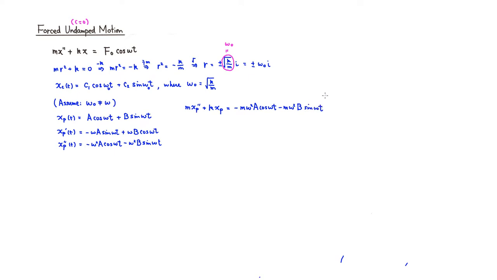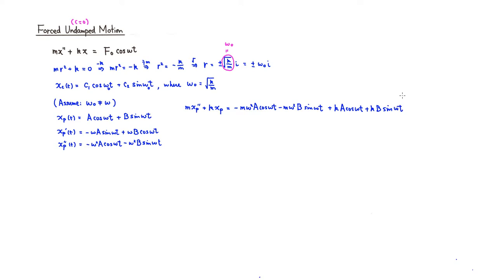So that's the first term. Then we have to multiply k and x_p. So it's going to be plus k times a cosine of omega t plus k times b sine of omega t.